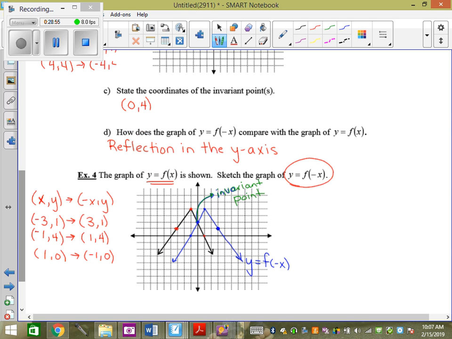The moment you have 2, you should label your equations always, because you don't know which one's which. So once again, I'm reflecting on the y-axis and only the y-axis, so my invariant points are on the y-axis. If I reflect on the x-axis and the only thing I'm doing is reflecting on the x-axis, where are my invariant points? The x-axis.